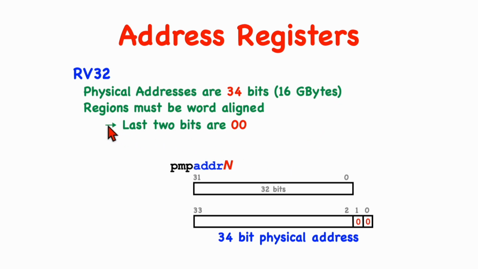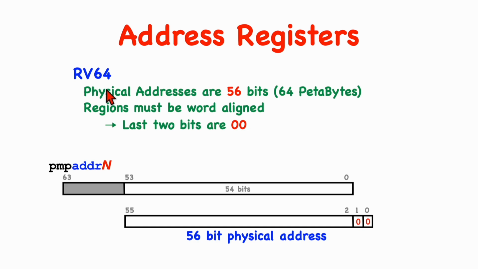The PMP regions must always be at least word aligned, and since the boundaries must be evenly divisible by 4, the last 2 bits of any address must always be 2 zero bits. So the PMP address registers contain 32 bits with an additional 2 bits of zeros being implicit, and this is how the physical memory protection mechanism accommodates 34 bits with a 32-bit address register.